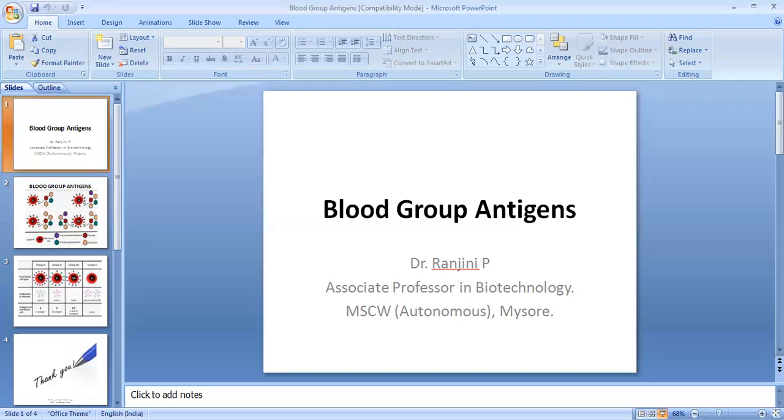Whereas in case of group O individuals, since they do not express the A and B antigen on the surface, they do not have any antigen on the surface of the RBC, but in the serum, they carry both anti-A anti-sera and anti-B anti-sera.